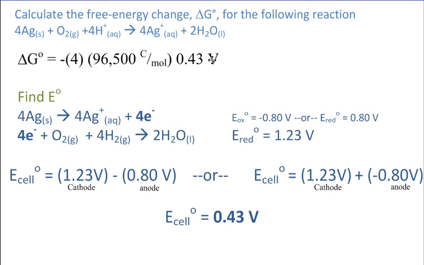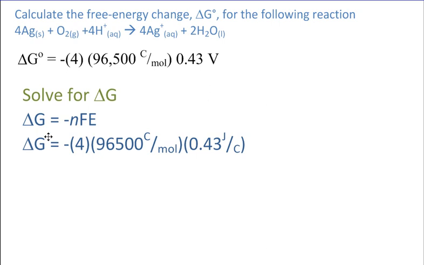A volt is a joule per coulomb. So actually coulombs are going to cancel out here. So if I rewrote it, it would look like this: 96,500 coulombs per mole times 0.43 joules per coulomb. The coulombs are going to cancel out. And my ending units are just going to be joules per mole.